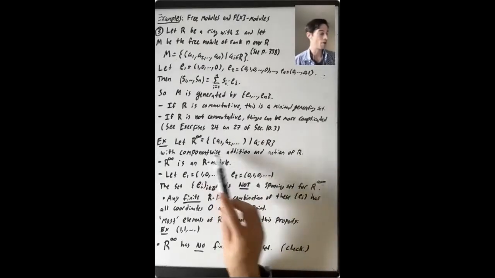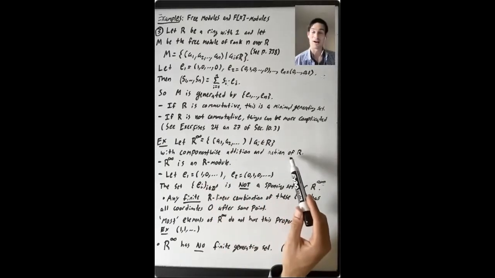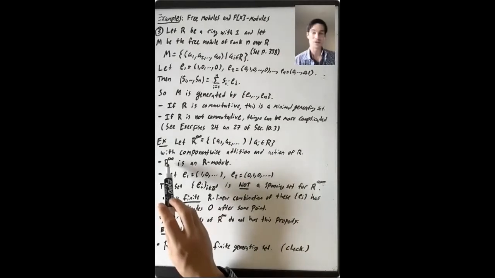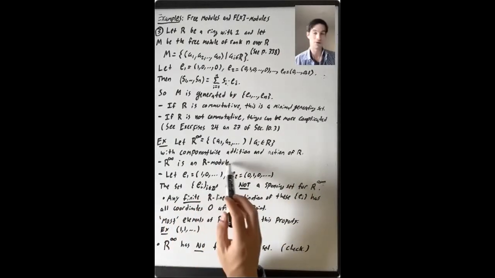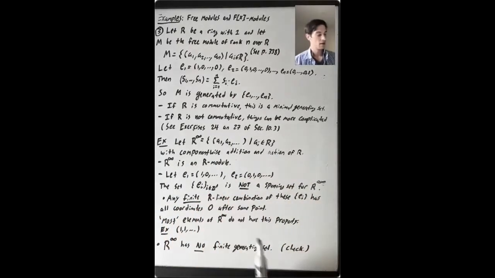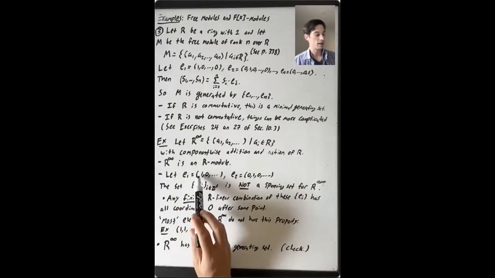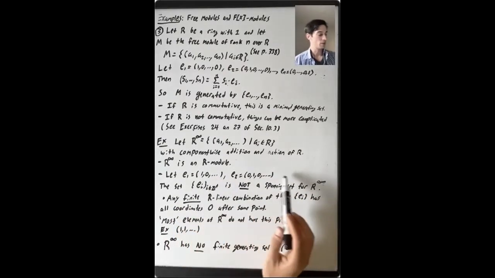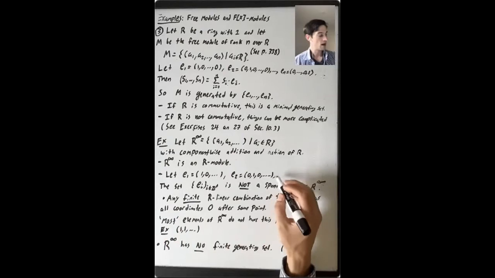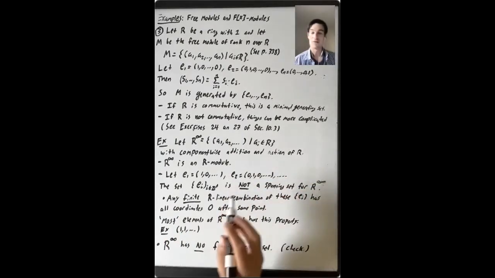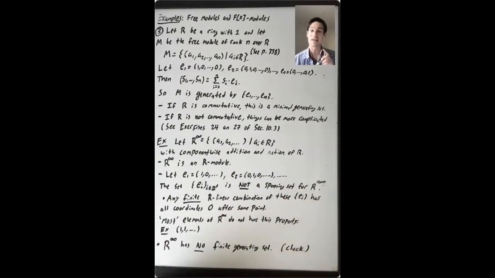So it's got component-wise action of R. So that turns this R^infinity into an R-module. Let's take e1, e2, e3, and so on.